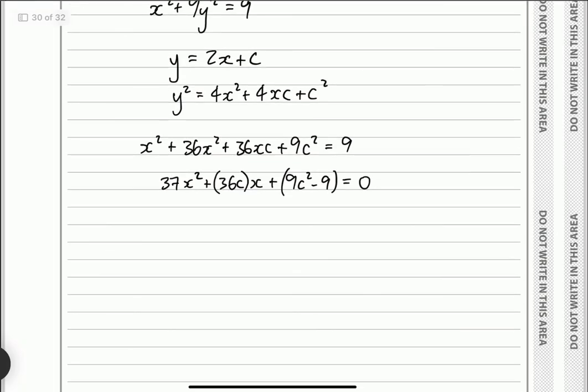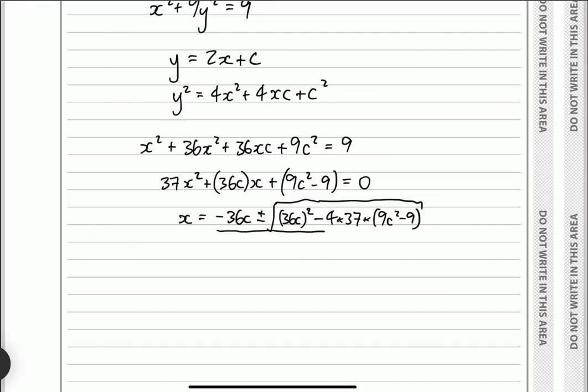So our quadratic formula, minus 36c plus or minus the square root of 36c squared minus 4 times 37 times 9c squared minus 9, and don't panic despite how horrendous that looks, divided by 2 times 37.